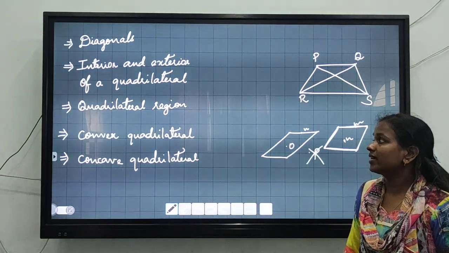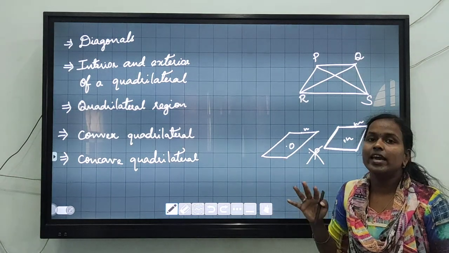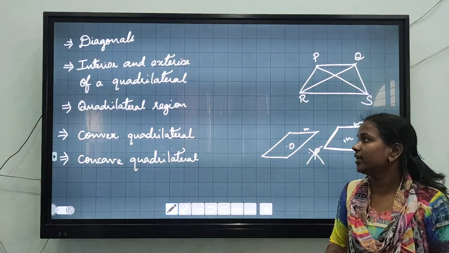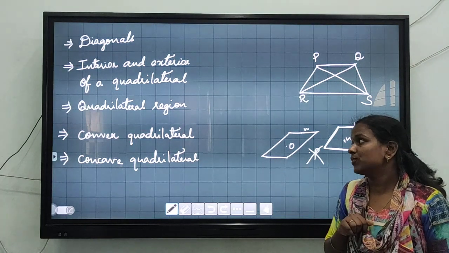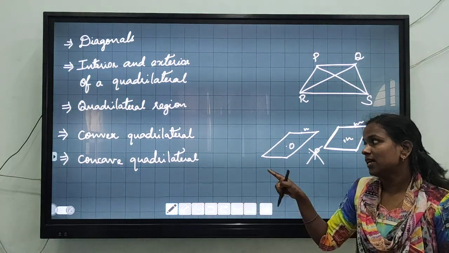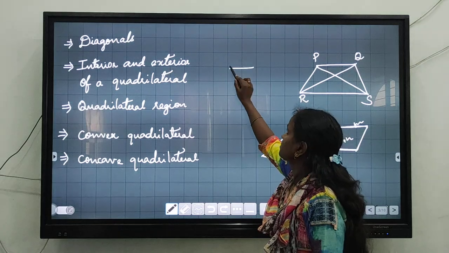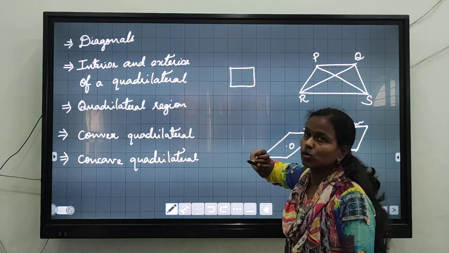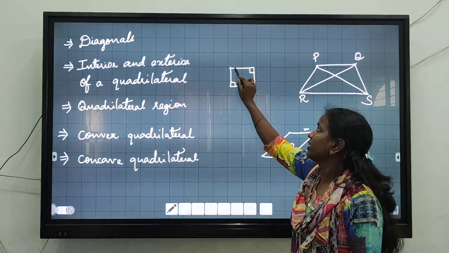Next one is convex quadrilateral. Convex we already learned. If each of the angles is less than 180 degrees, that is called a convex quadrilateral. Concave quadrilateral means any one of the angles is more than 180 degrees. Convex quadrilateral: I draw one square here. You know all the angles are right angles in a square.